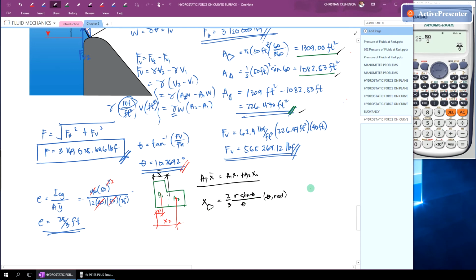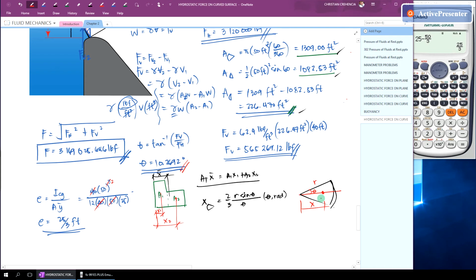So in this formula, if this is the sector, the angle theta here is just this half. This is the r, and this is the distance x.